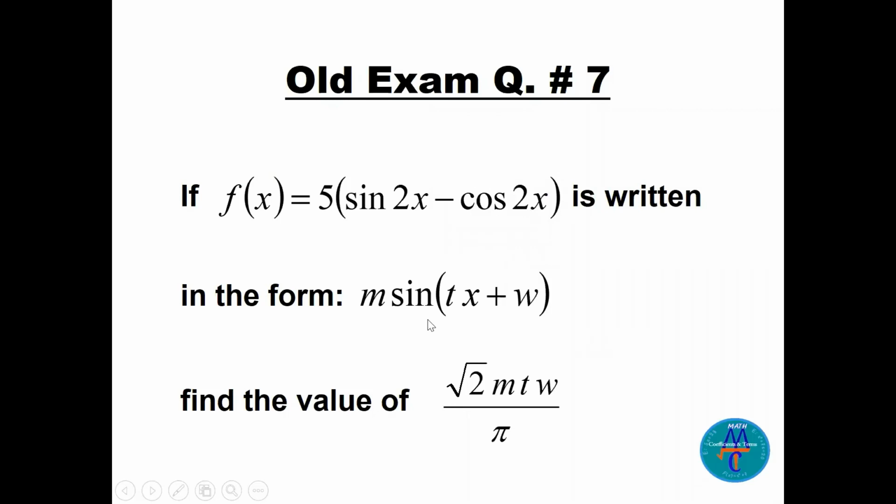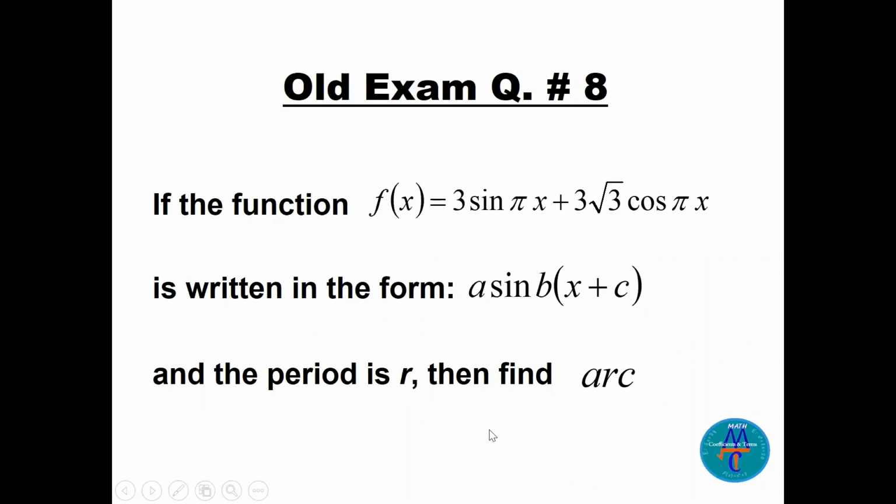Question number 7, we have f of x equals 5 sine 2x minus cosine 2x. If this function is written in the form m sine of tx plus w, find the value of square root of 2 mtw divided by pi. Question number 8, we have this function f of x equals 3 sine pi x plus 3 square root of 3 cosine of pi x.